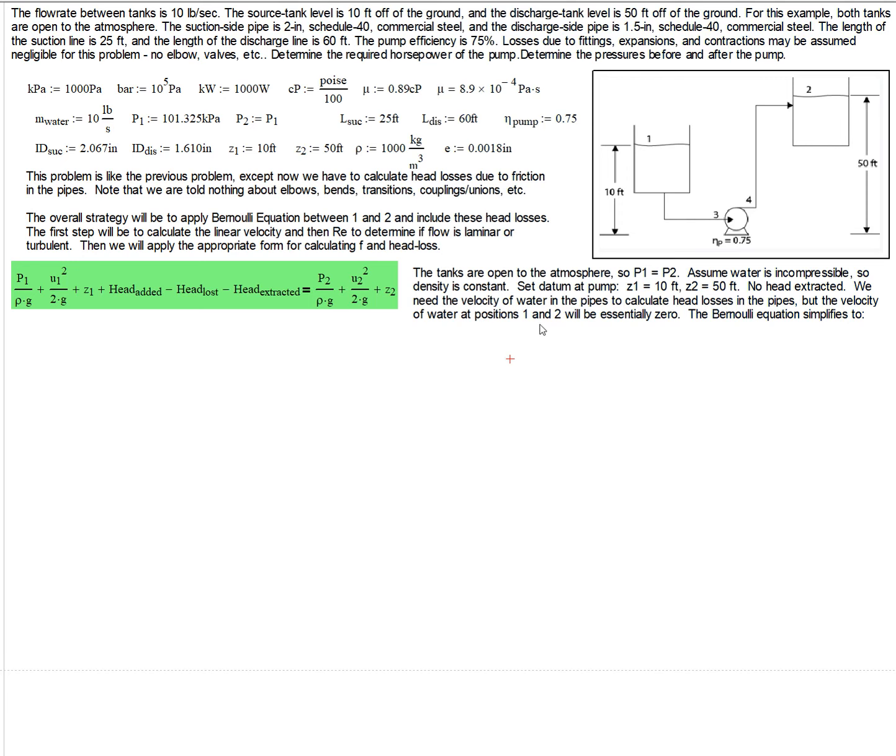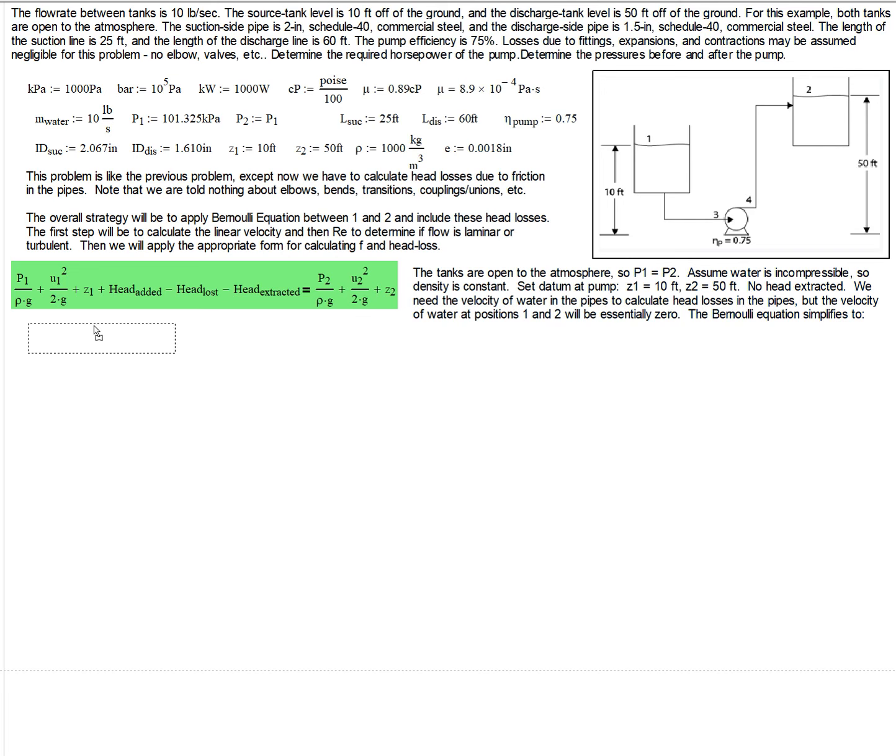But the velocity of the water at positions 1 and 2 is essentially going to be 0. That's one of the things that we've talked about before, that the velocity of the water in the tank at the surfaces is essentially 0, even though there will be appreciable velocity that we have to calculate inside the lines.